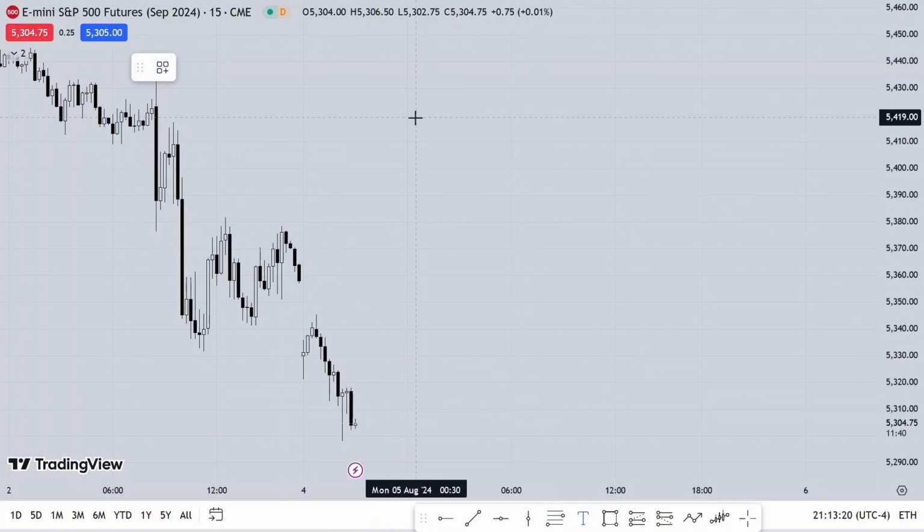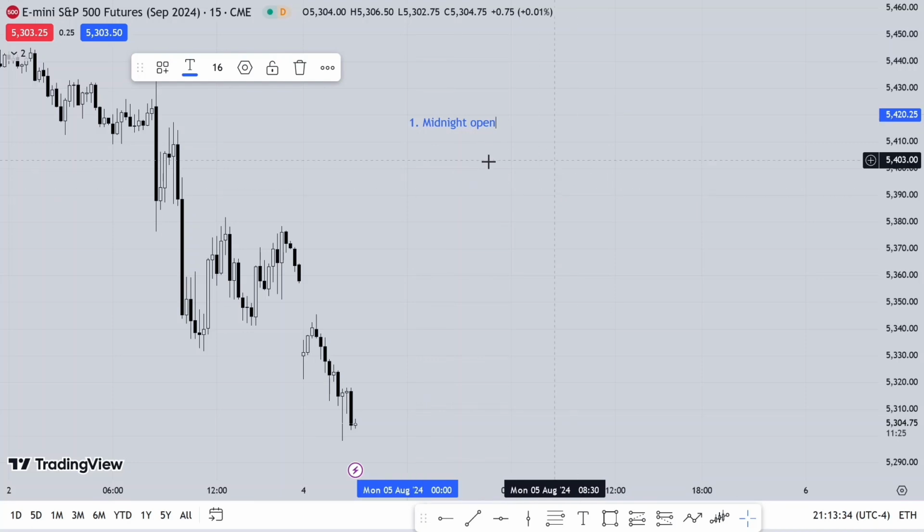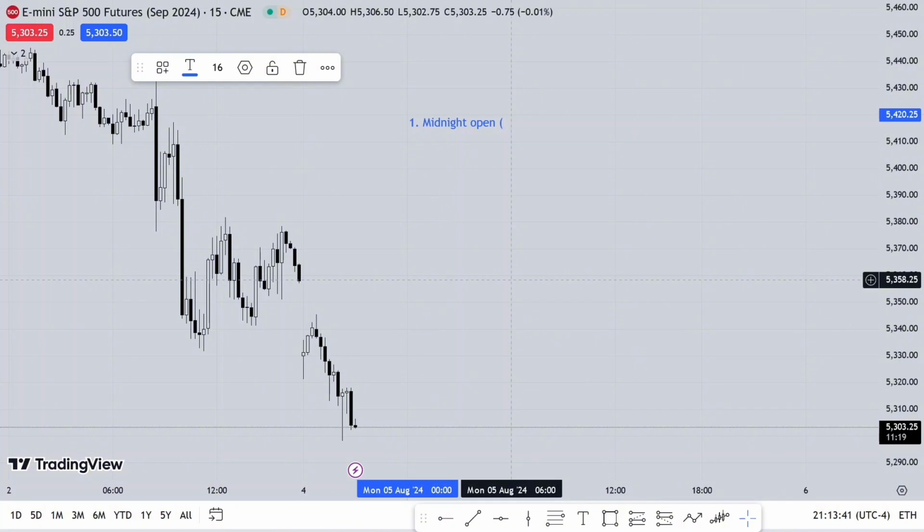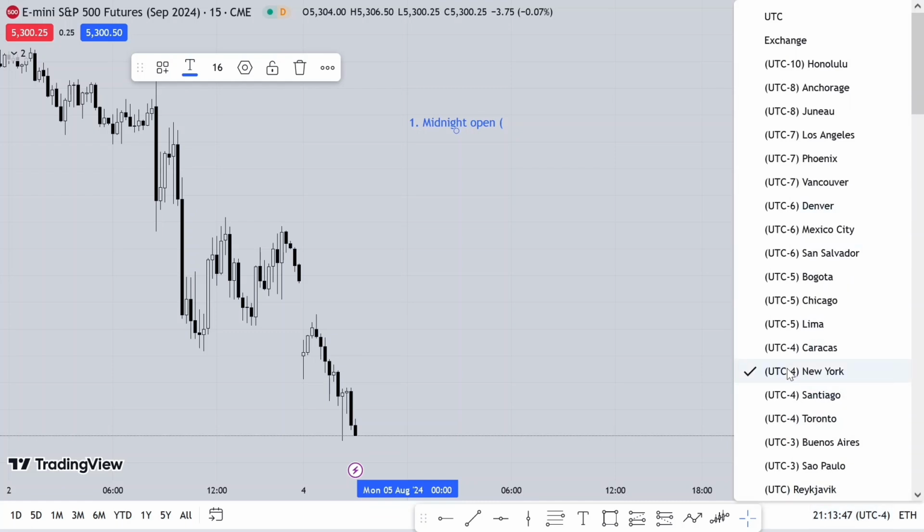So the first opening price I want you to note, we're listing just the basic opening prices, is the midnight opening price. Before we align ourselves with these charts, I need you to go to your TradingView, to your time zone, and set it to New York.